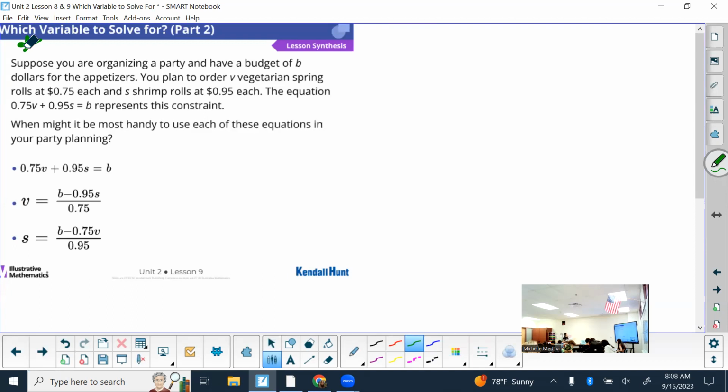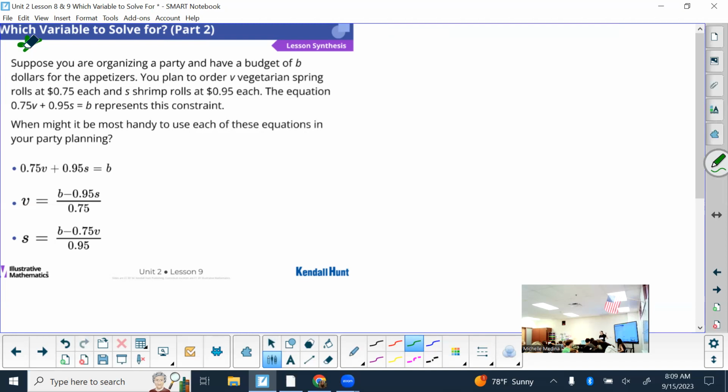All right, so I'm not asking you to solve anything. I'm just asking you when it might be most handy to use each of these equations in your party plan. So for example, in the first one, which variable would you say is easiest to solve for? B. And why is B easier to solve for in the first one?